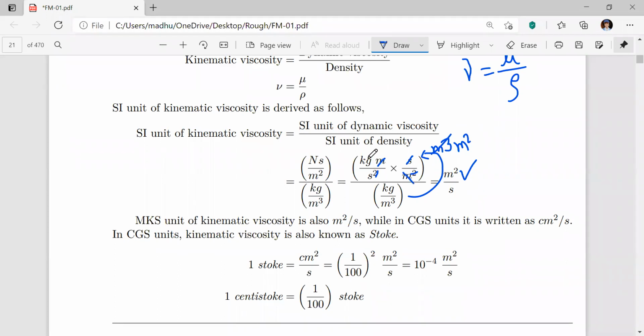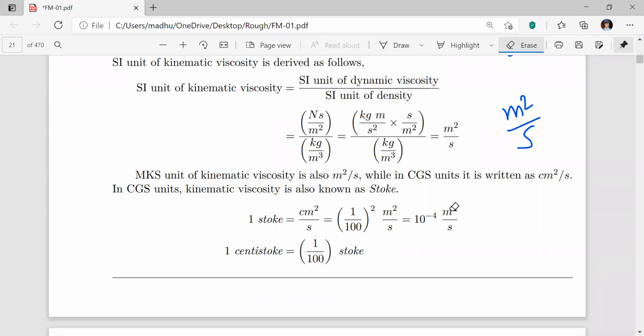The left out kg will cancel. Again meter square is left out, divided by 1 second left out, which I have taken in the numerator. So meter square per second is the unit of the kinematic viscosity, which is derived in this fashion.